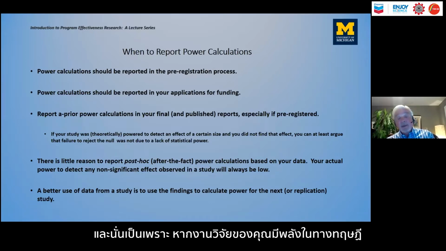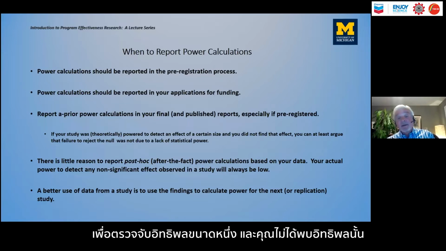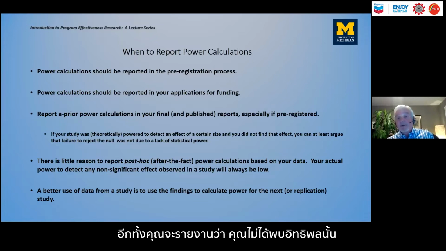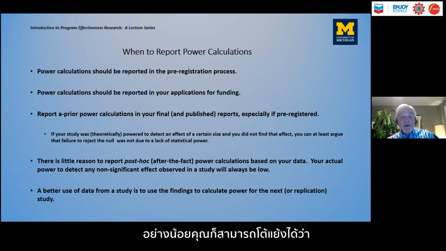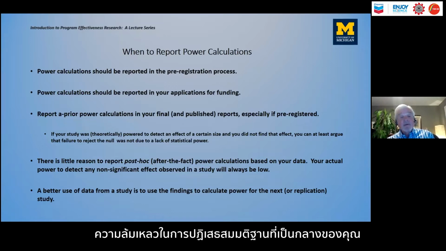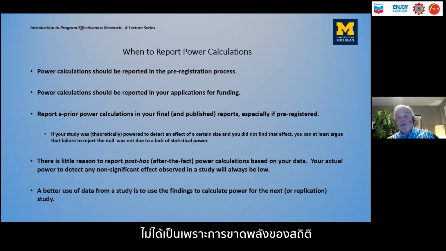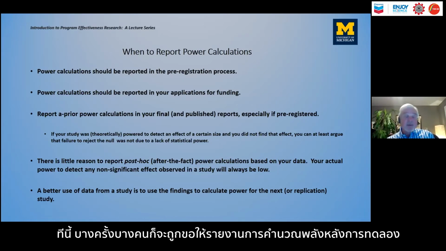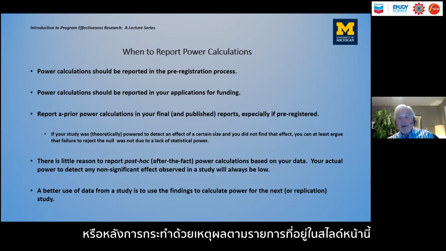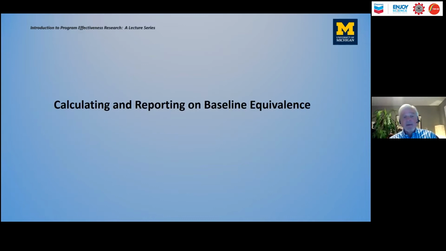And that's because if your study was theoretically powered to detect an effect of a certain size, and you didn't find that effect, and you're reporting that you didn't find that effect, you can at least argue that your failure to reject the null hypothesis was not due to a lack of statistical power. Now, sometimes people will be asked to report post hoc or after the fact power calculations for the reasons listed in this slide. I don't recommend that.